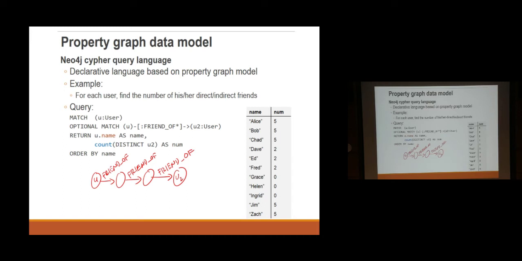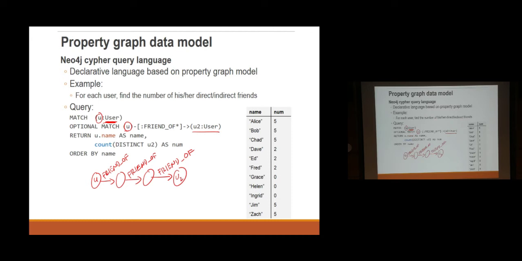So it's optional. It may not match anything, especially if the person does not have a friend. But you will definitely match you. Once you find a single user, this one is the label. If you don't put it as a label, then if you have multiple labels, you will match everything. So you just want to find one single user first, and then optionally match that this particular user that you found must have zero or more friends. And then you want to match everything.